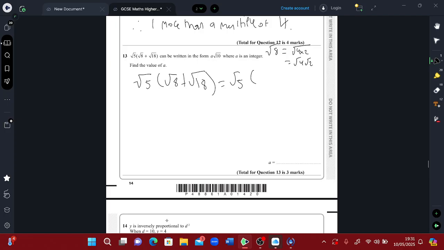You should know root 4 is 2, so that's going to be 2 root 2. And root 18 is going to be root 9 times 2, which is root 9 times root 2, which should be 3 root 2. So actually, it simplifies quite nicely. 2 root 2.